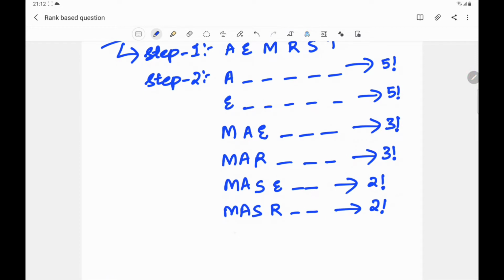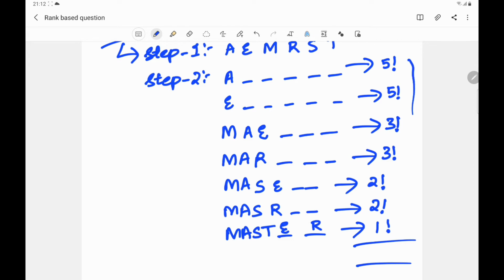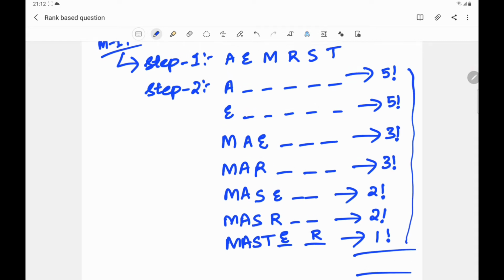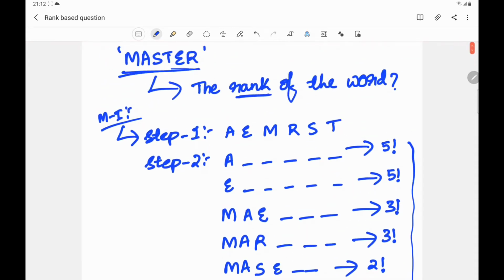And after S, if it is T, there will be 2 more letters to be filled, and say the next letter is A and this is R. This can be done in only one way. So we need to add all these things to get the rank of the word MASTER.